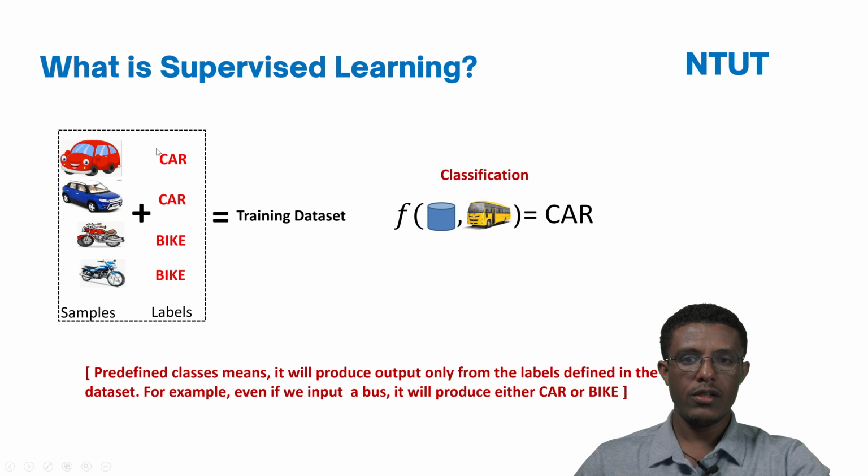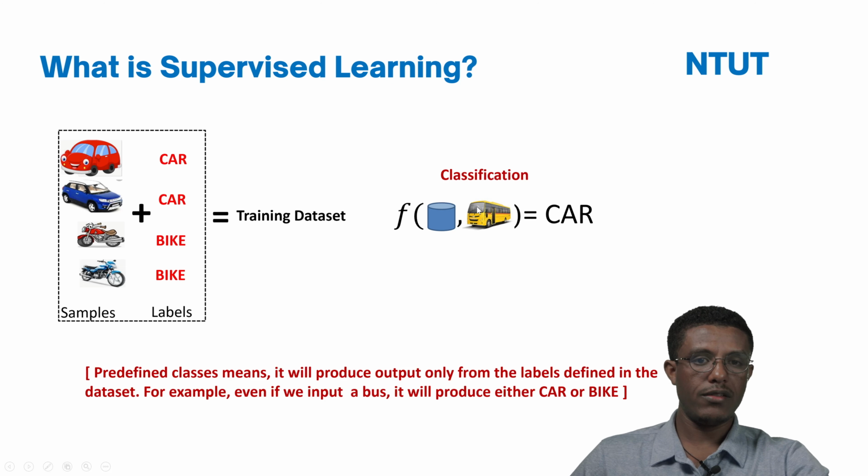We don't get any outputs different from these. If we put the labels car and bike, the expected output should be either car or bike. For example, even if we input a bus, it will produce either car or bike.